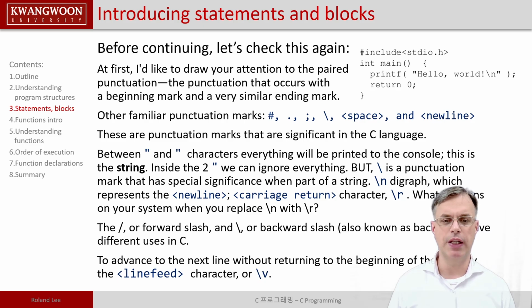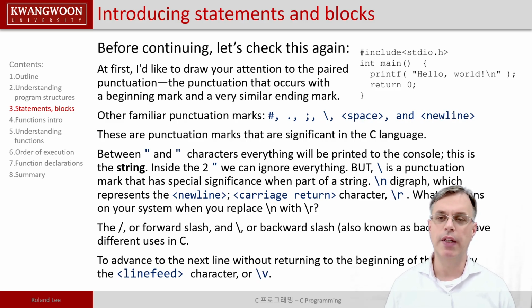Going through it line by line, we see the following pairs: opening, closing, opening, closing, curved opening, and curved closing. Also here, opening, closing. We also see some other punctuation that may not be familiar to you, for example, space or new line.